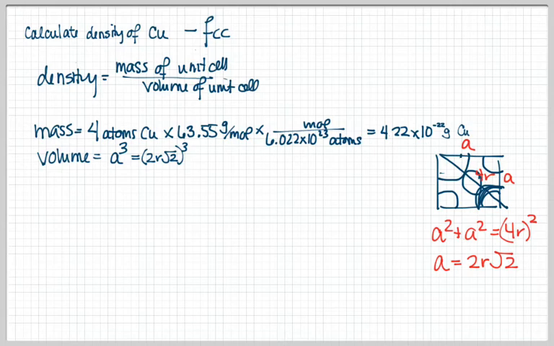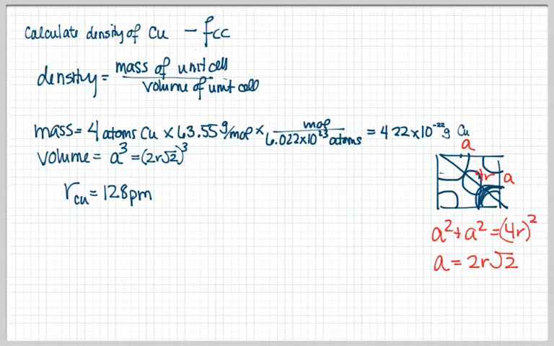So the radius of copper is, if we look that up, 128 picometers. Now, a picometer is a great unit for an atomic radius, but it's a poor unit for density. Instead, we want our density to come out in grams per cubic centimeter, so we need to convert our edge length to centimeters as well, so that we can get our volume in cubic centimeters.